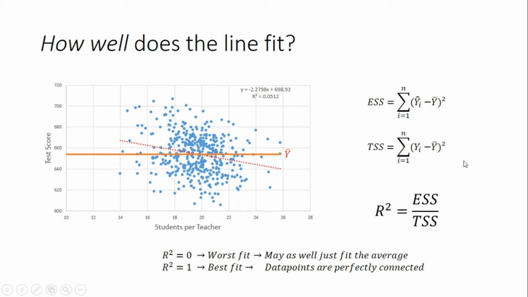Here's the maths behind this variable that we are now defining. And it is simply the ratio of what is called the explained sum of squares to the total sum of squares. The explained sum of squares is the distance between our fitted variable, so let's say here, and the average, which we have here on the orange line.